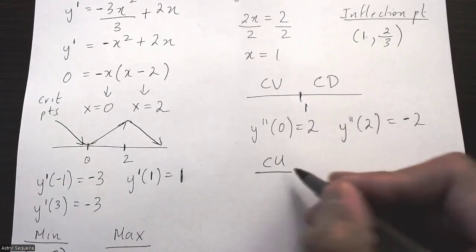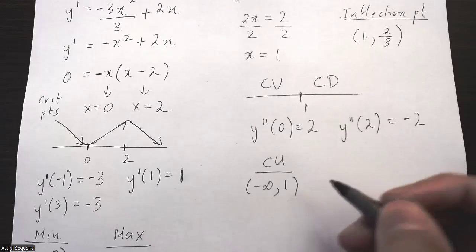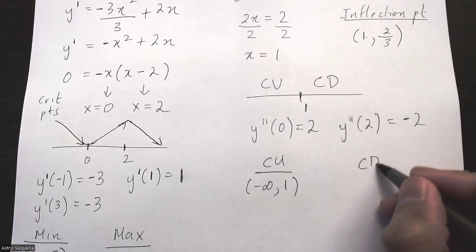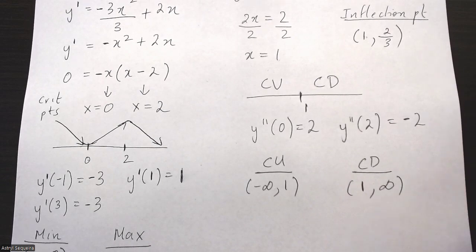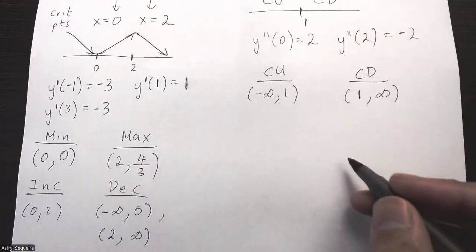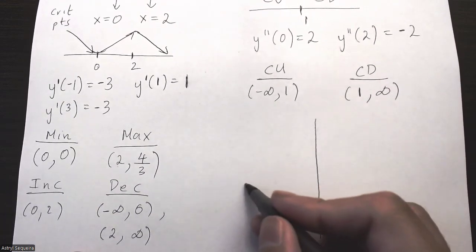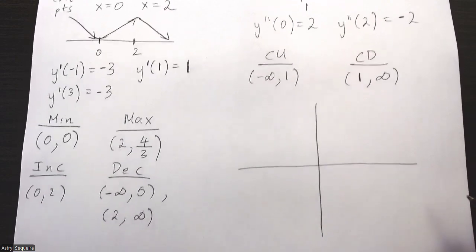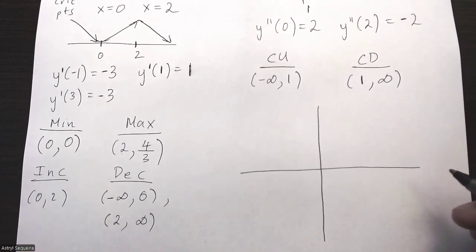So my intervals of concave up are from negative infinity to 1, and my intervals of concave down are from 1 to positive infinity. Finally, I can sketch this out. When sketching, you have a lot of information, but a lot of it, honestly, you don't even require, especially for the easier problems.